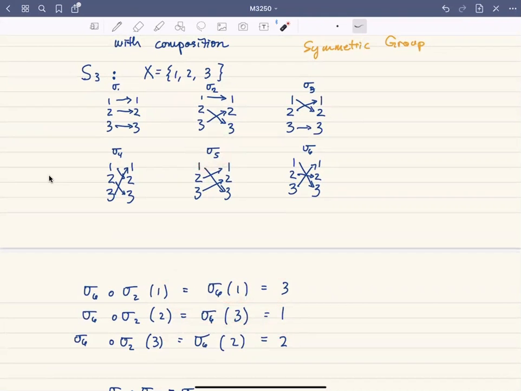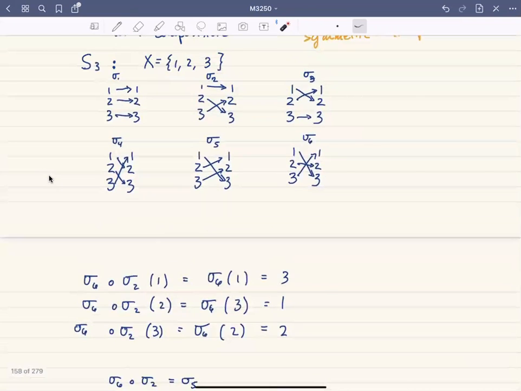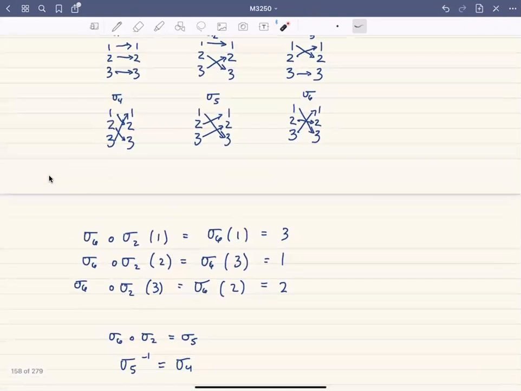So it turns out that sigma 6 composed with sigma 2 is just sigma 5. In this sense, when you compose 2 elements, here we took our binary operation, this shows that the set is closed, because if you combine these 2, you get another function, in this case sigma 5.